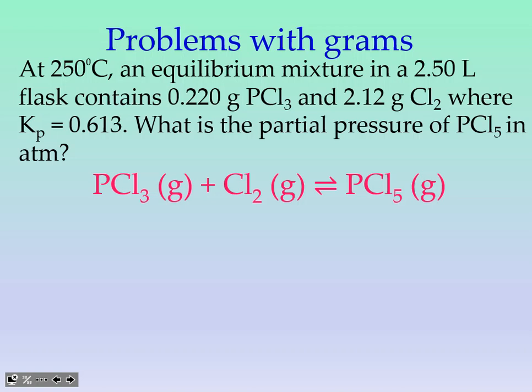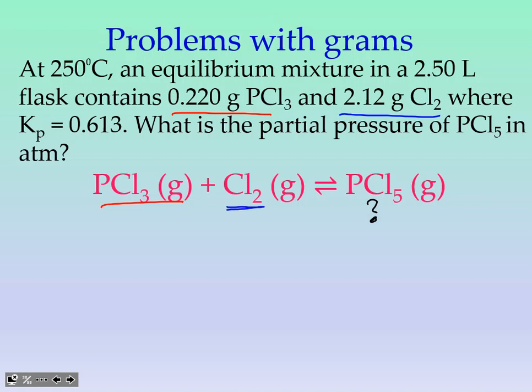The flask contains the 2 reactants, same amounts as before, reactant 1. Here's our other reactant. That means PCl5. We don't know that one. That's the one we're missing.